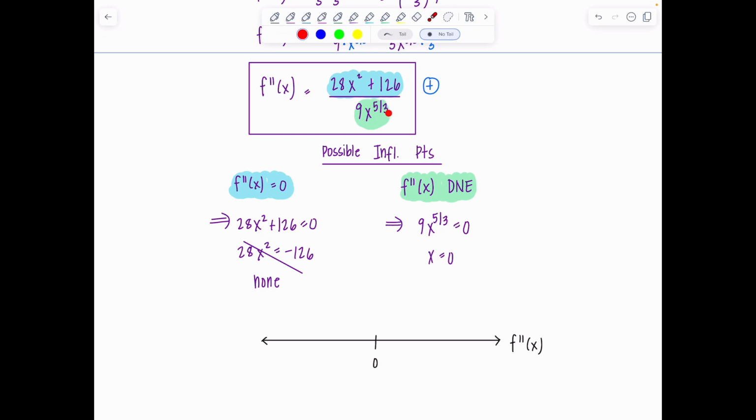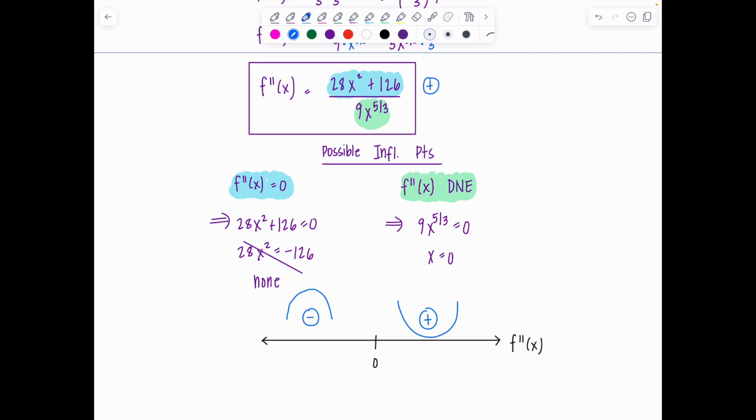So you're taking a cube root and then raising it to the 5th, it's going to stay negative. So if I plug in a negative number, second derivative is going to be negative. That means my graph is concave down there. And then if I pick a positive number, say 1, a million, whatever, it's going to be positive. So positive over positive, second derivative is positive, which means my graph is concave up right there.